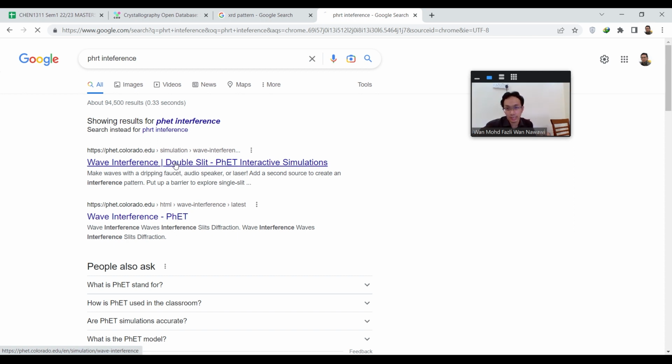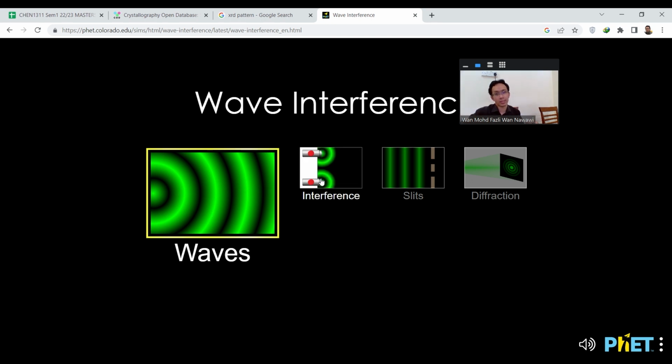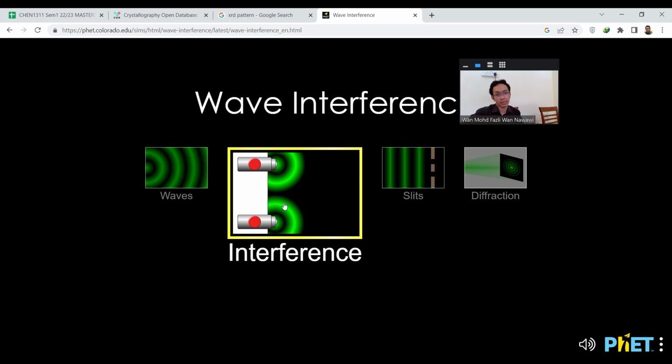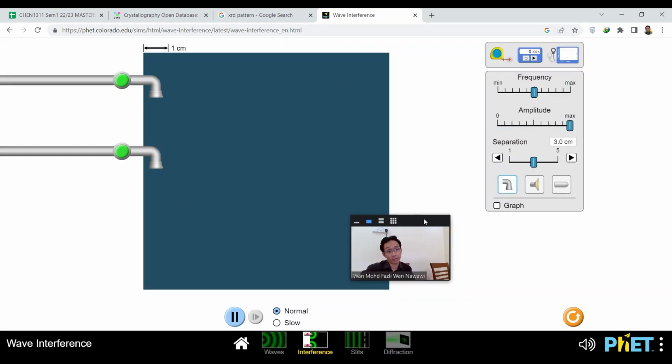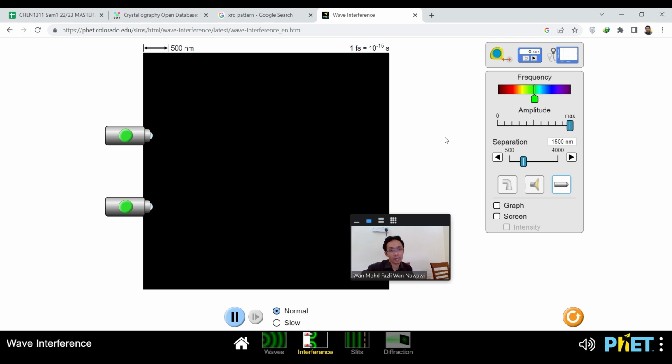So let's click here, and you can see what is meant by interference of waves. For example, let's say we are talking about X-ray. X-ray is light, so maybe we take light. Here there is no X-ray, it's just a light color, but it doesn't matter.